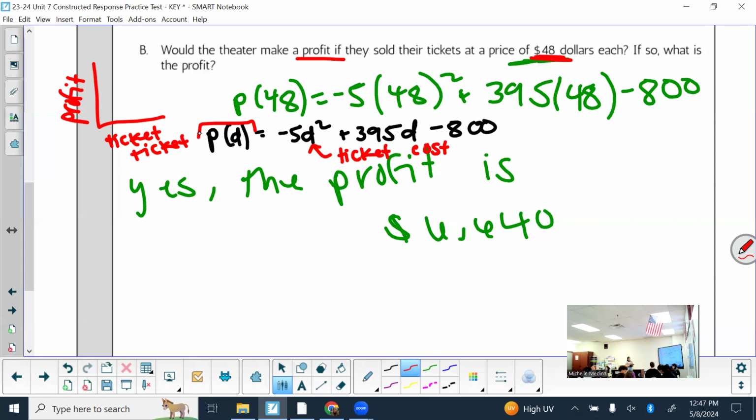Okay. So that's me plugging it in, knowing where to plug it in, whether an output or an input. The ticket cost is an input. That determines my profit. I use the calculator for this whole right side. One mistake I've seen people make is they forget to square it.